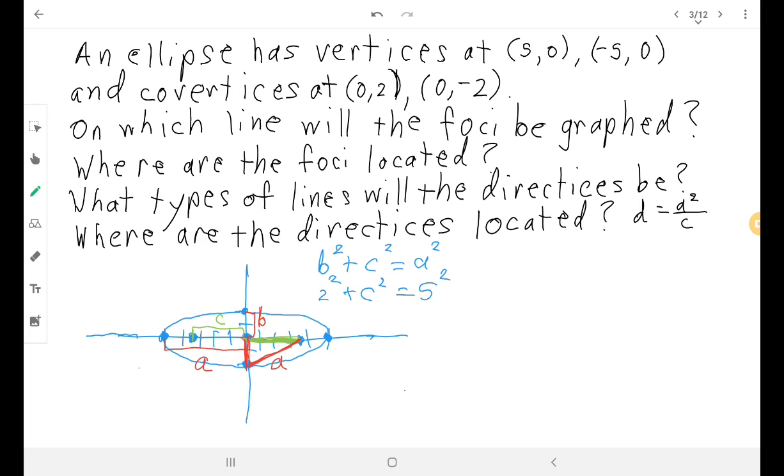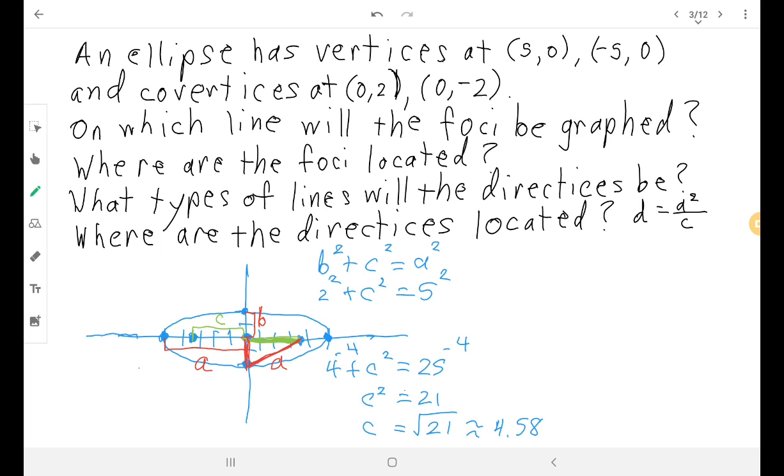So I have that relationship, right? 2 squared is 4 plus C squared equals 5 squared is 25, and then I can subtract 4, and get that C squared equals 21, and so C is the square root of 21. And you might want to put that into a calculator and get an approximation for it, which is approximately 4.58.